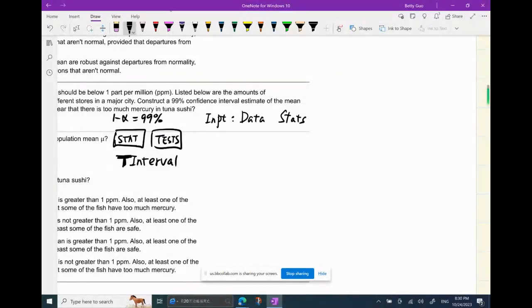Let me write it down first, and now I'll tell you what to do, okay? So I have this x bar, I have s sub x, sample standard deviation, and we have n, we have C-level, we have calculate.